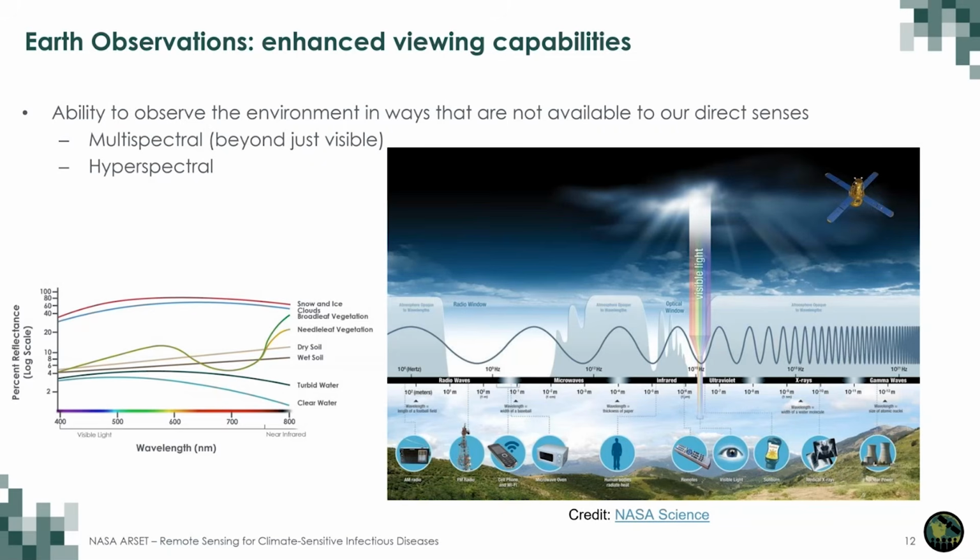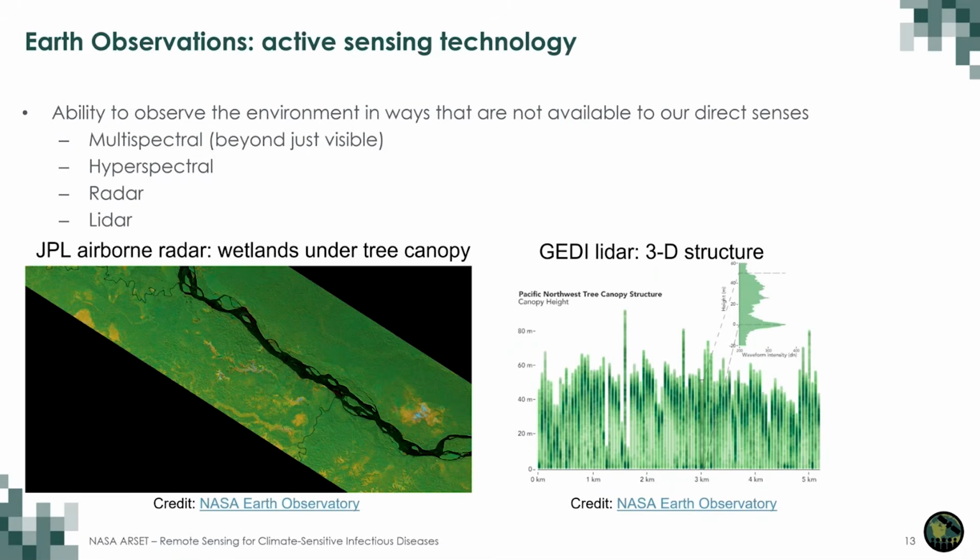In the visible light, the vegetation is not very reflective, but as you go into near infrared, the reflectance peaks substantially higher, and it's much, much easier to distinguish between dry soil and wet soil, turbid water and clear water, needle-leaf vegetation like spruce and pine, and broadleaf vegetation like oaks and maples, etc. So this ability to look at different parts of the electromagnetic spectrum is very important.